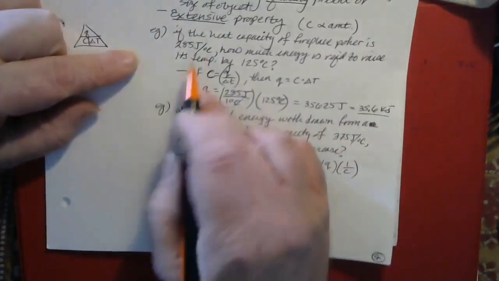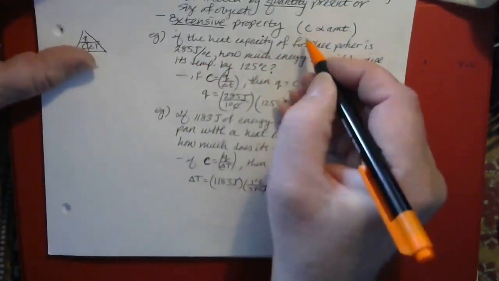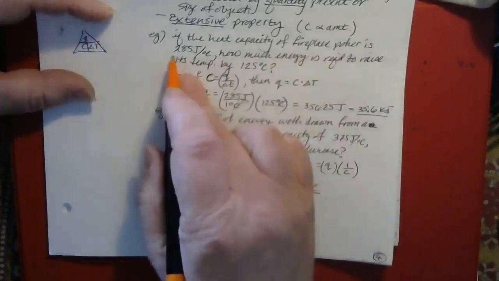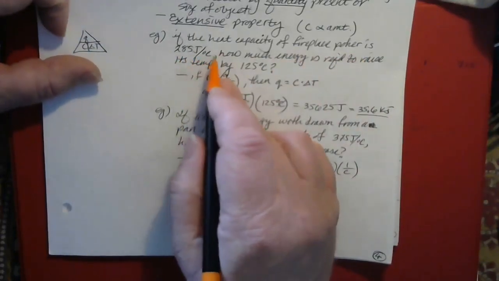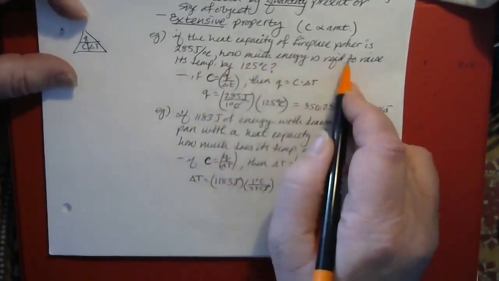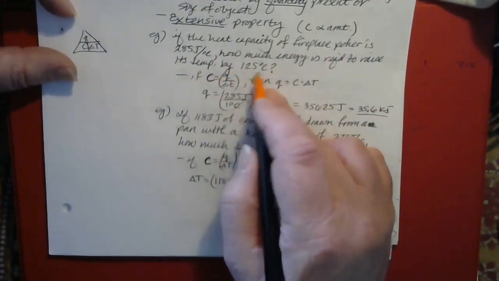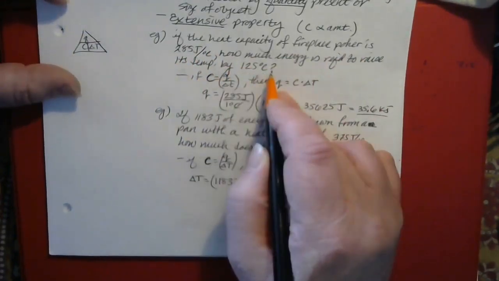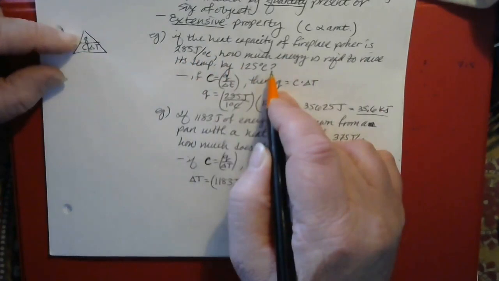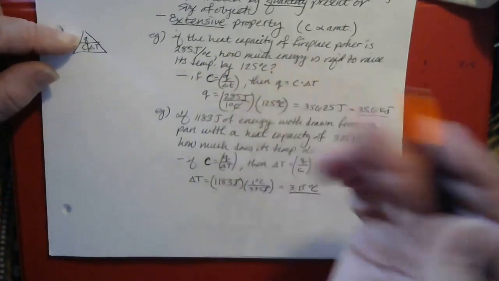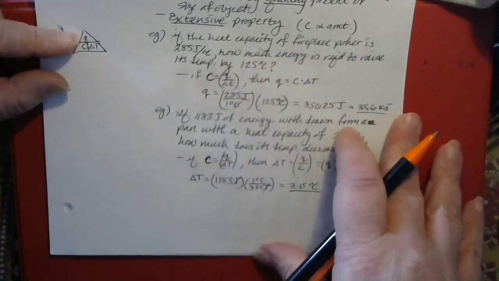So for example, if the heat capacity of a fireplace poker is 285 joules per degree Celsius, how much energy is required to raise its temperature by 125 degrees Celsius? Well, energy is Q, because energy, of course, is also heat.